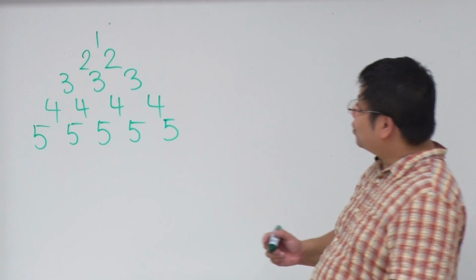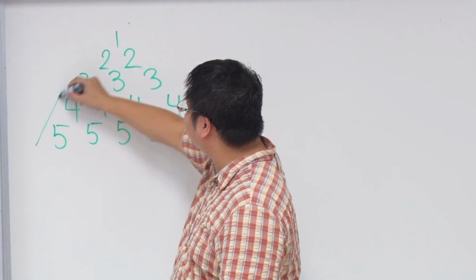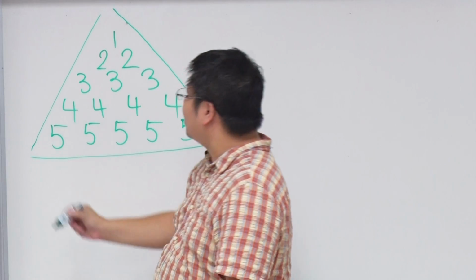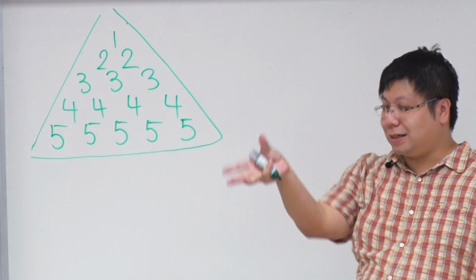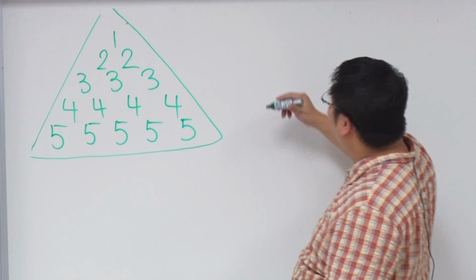This looks like an equilateral triangle, right? So I rotate it by 120 degrees. What will happen?